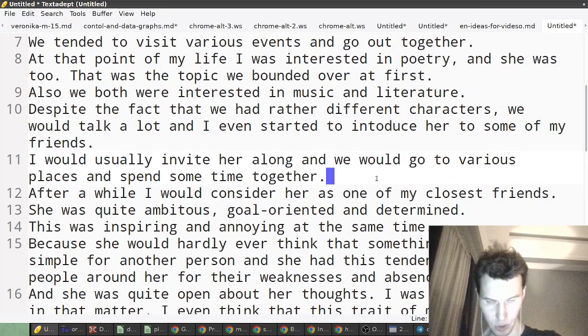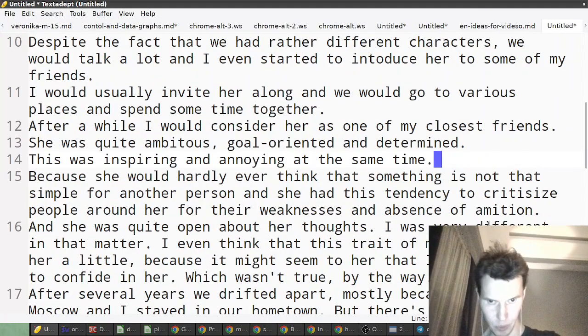She was quite ambitious, goal-oriented, and determined. This was inspiring and annoying at the same time, because she would hardly ever think that something is not that simple for another person, and she had this tendency to criticize people around her for their weaknesses and absence of ambition. Maybe accomplishments, something like that.